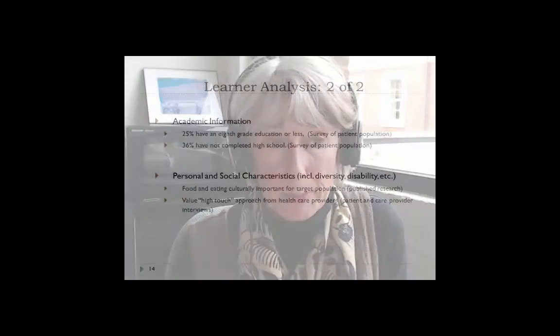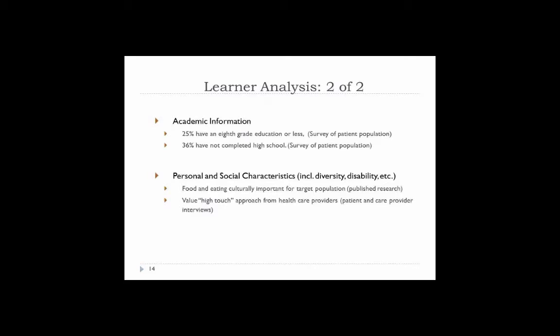In terms of academic information, 25% had an 8th grade education or less, and 36% had not completed high school. Among the personal and social characteristics not already addressed, we knew that food and eating were culturally important for our target population, and that they valued a high-touch approach from their healthcare providers.